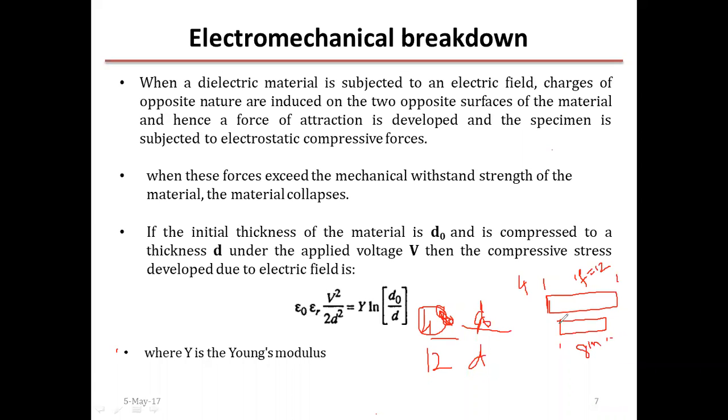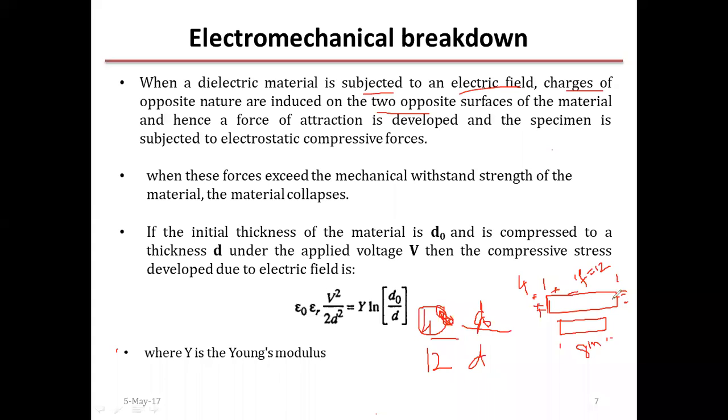This compression or shrinking of the material occurs not due to physical force but due to electrical force. When the dielectric material is subjected to the electric field, charges of opposite nature are induced on two opposite surfaces of the material. This will be positive and this will be negative.